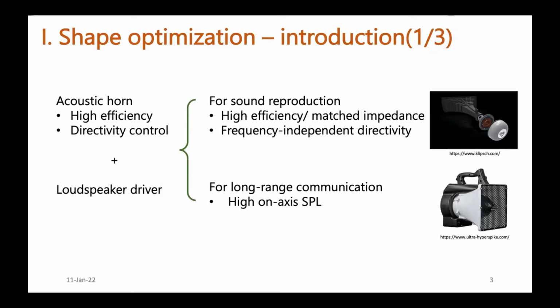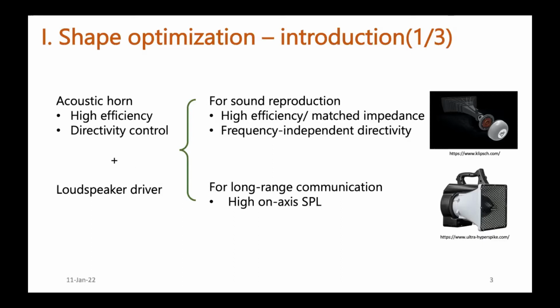And it has been widely used in conjunction with a loudspeaker driver to form a horn-loaded loudspeaker system. And it also has applications in musical instruments such as the brass instrument.